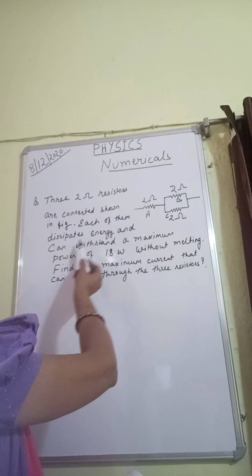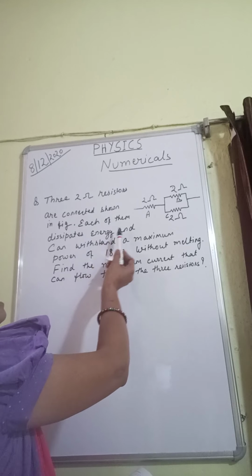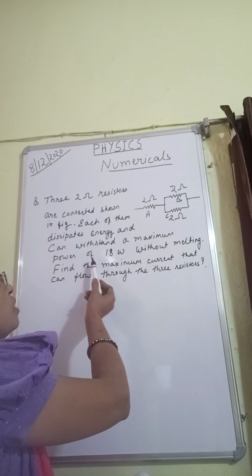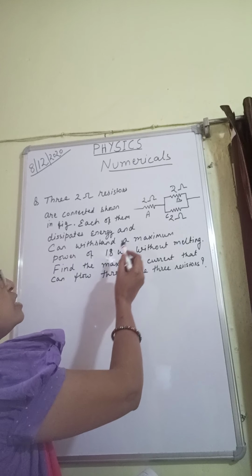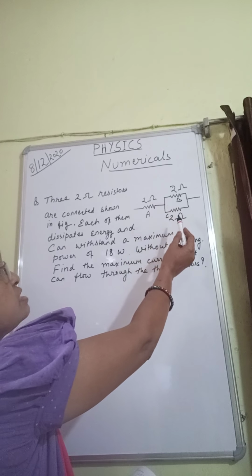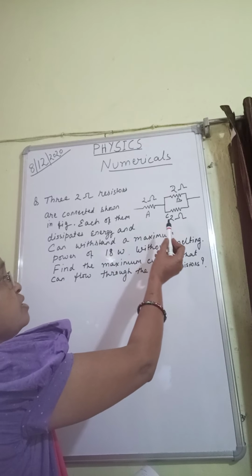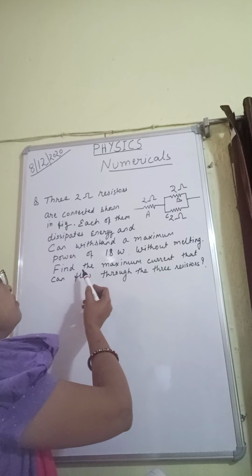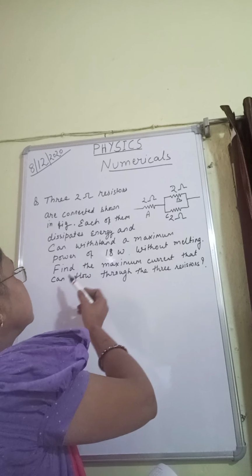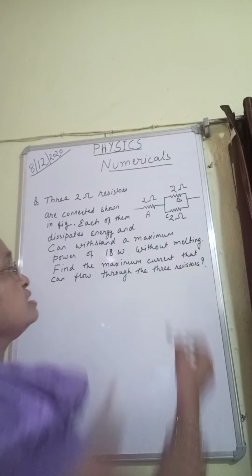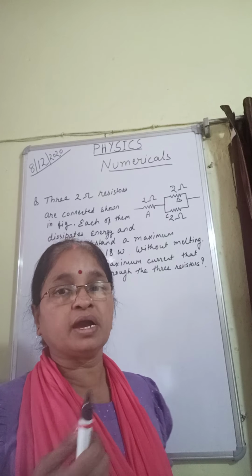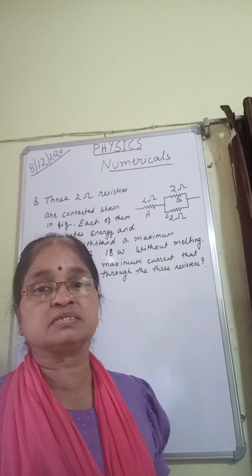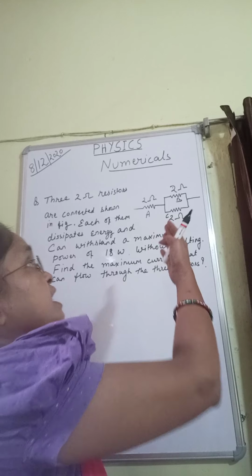Each of them dissipates energy and can withstand a maximum power of 18 watt without melting. Find the maximum current that can flow through the three resistors. So here students, we have to find the maximum current flow through each resistor, and power is given.